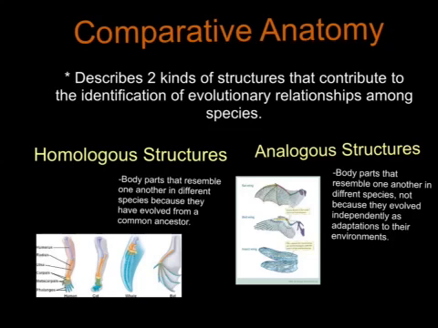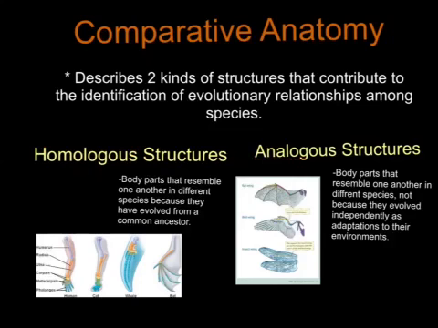Comparative anatomy. Okay, this describes two kinds of structures that contribute to the identification of evolutionary relationships among species. The first one is homologous structures, and then analogous structures.